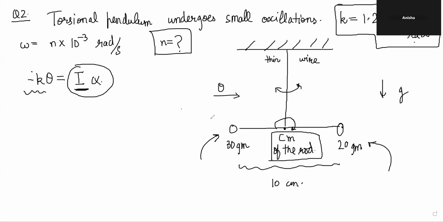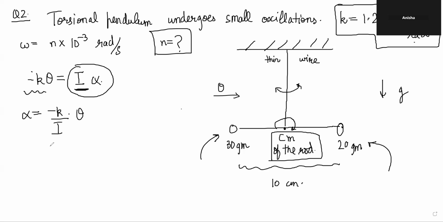So how will you calculate that? Because if I know the I, I can write alpha is minus k by I theta.